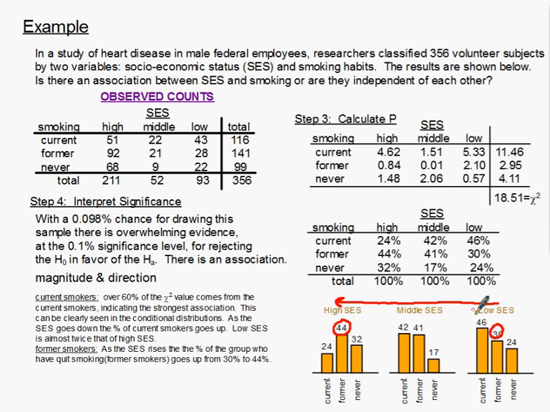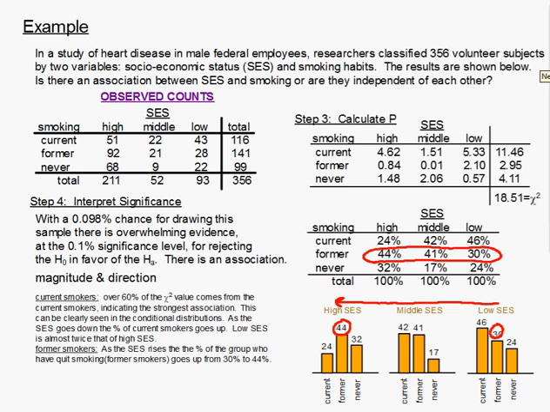So as socioeconomic status goes up, the rate of quitting goes up, which again can also be seen in these numbers here. That goes up from 30% to 44%: magnitude and direction.